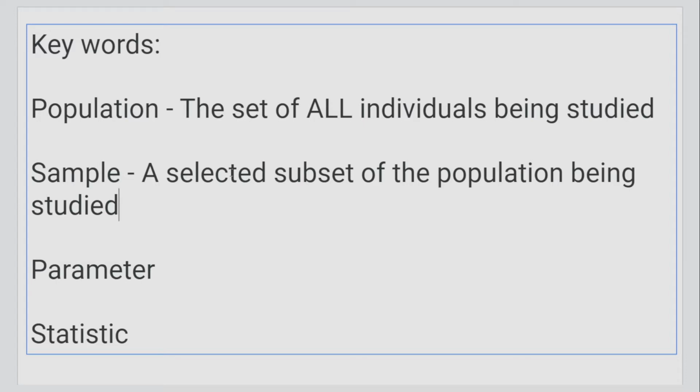Samples can be divided into good samples and bad samples, depending on how well they represent the whole population. For example, if I wanted to study the population of Cricks, which means everyone who is in Cricks, a good sample of the students might be the student council, right?